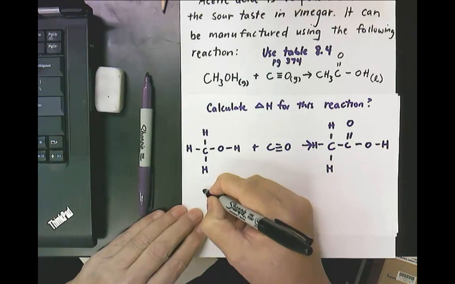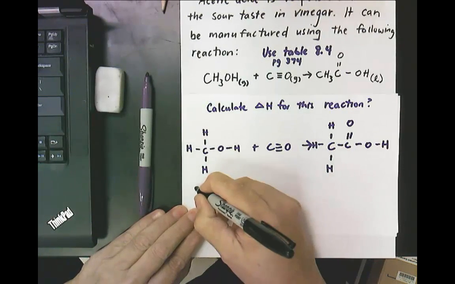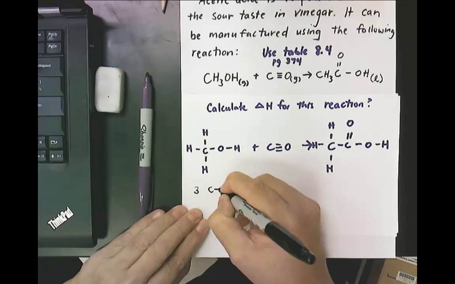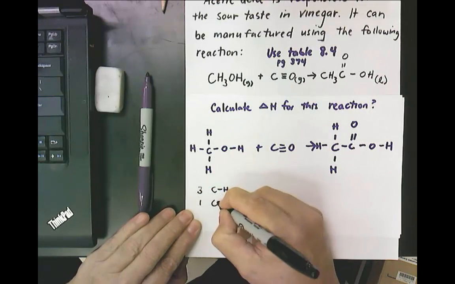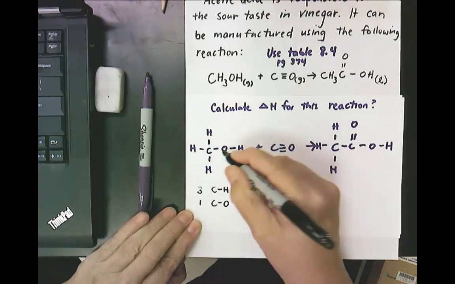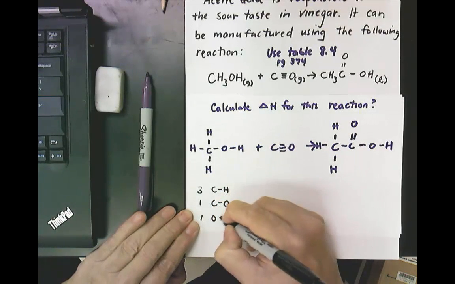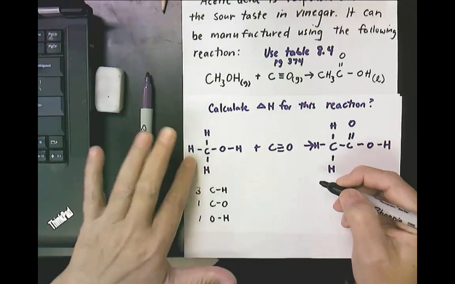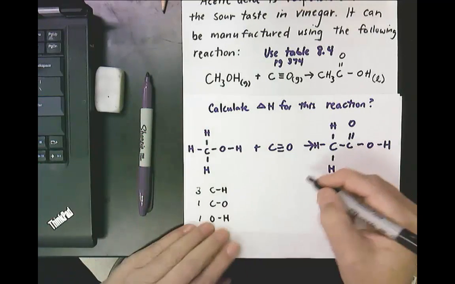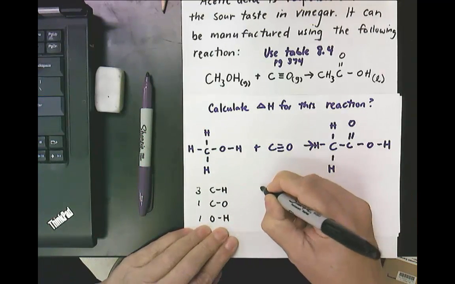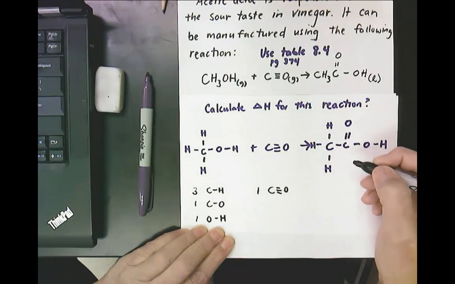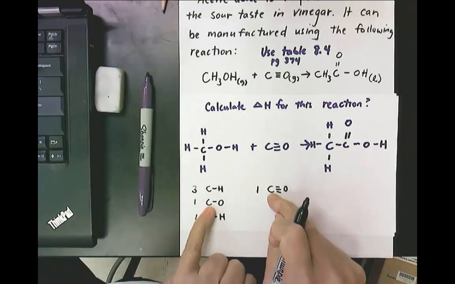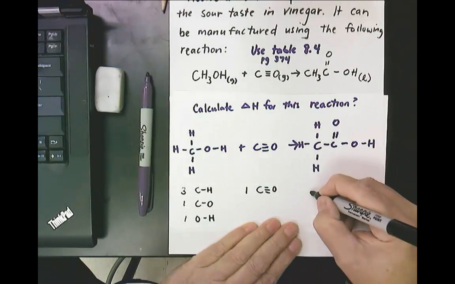We have 3 CH bonds, 1 CO bond, and 1 OH bond. That's that compound. Now let's look at this one. Well, that one's pretty easy. We have 1 triple bond between C and O. So there's the bonds that are going to break, and these are the bonds that are going to form.